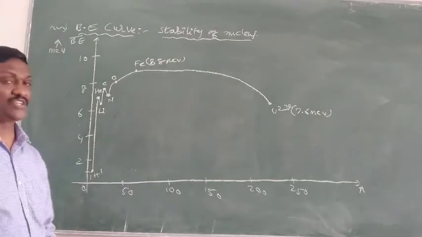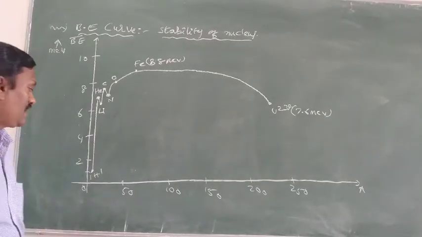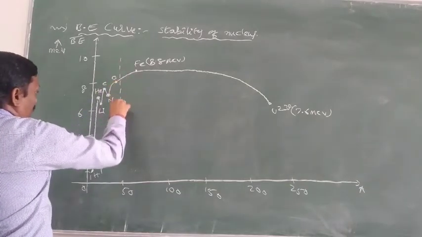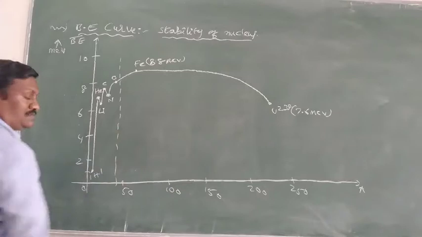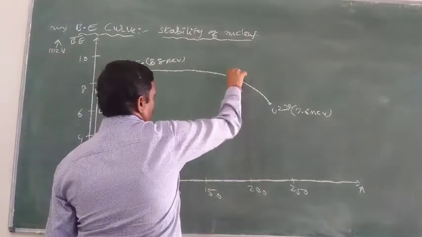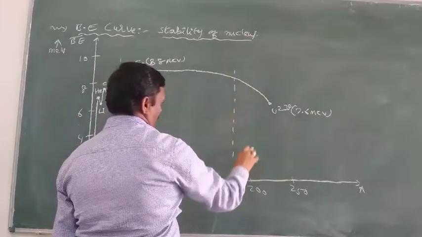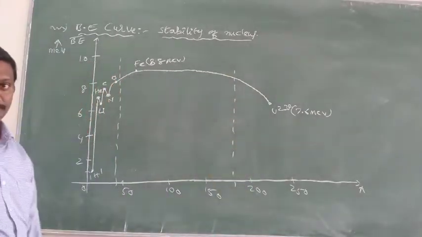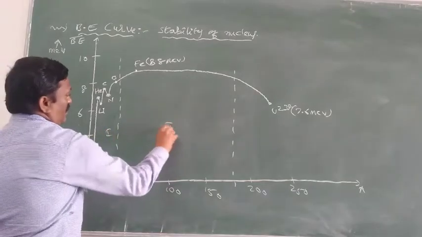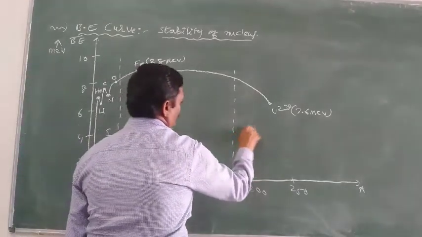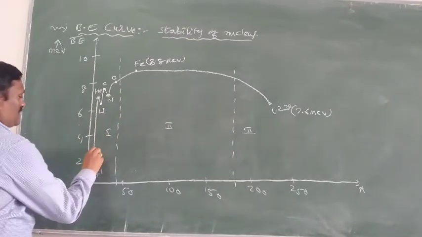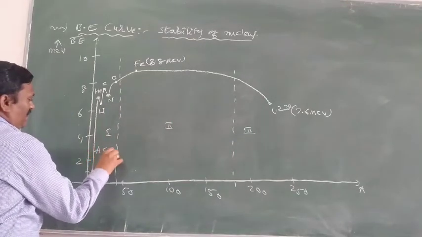But what are the conclusions from this graph? Observe, the total graph divides into three parts: the first part, the second part, and the third part. The first part is mass number less than 20, A value less than 20.